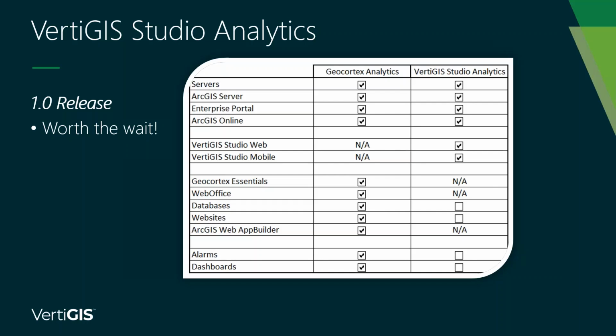So if you have been eagerly awaiting the release of VertiGIS Studio Analytics, you are welcome to find it, reach out. The documentation is up, the installer is up. You will need to contact your account manager and just say, hey, make sure I've got the right license key, which you are entitled to as a GeoCortex Analytics customer. You are entitled to VertiGIS Studio Analytics.